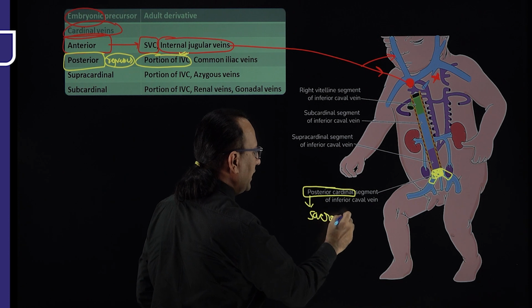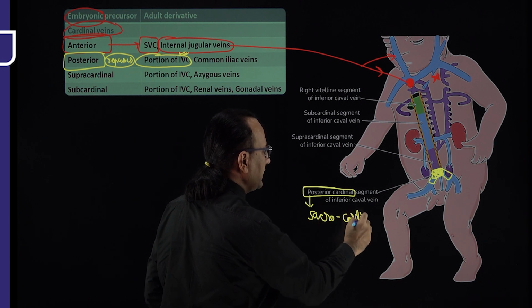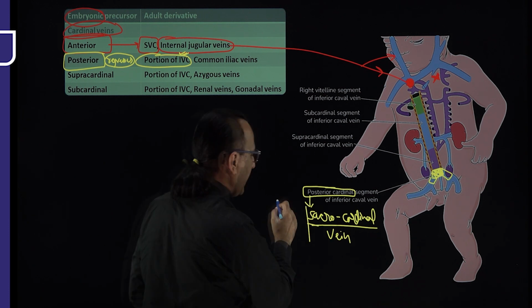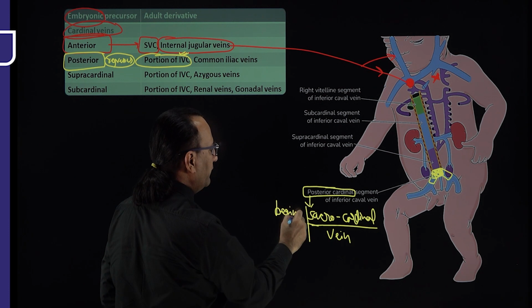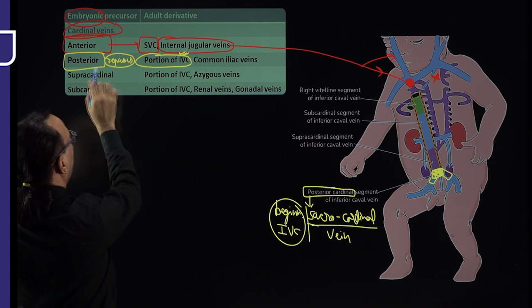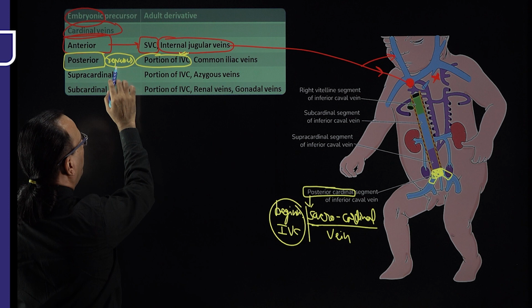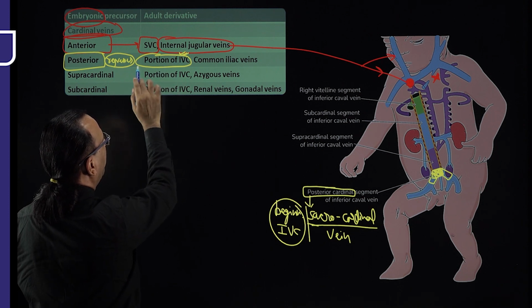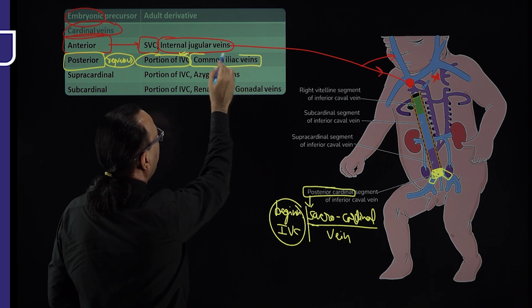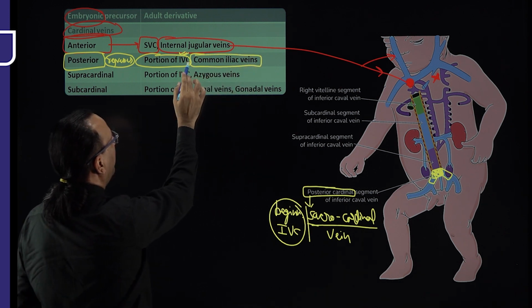As it is in the sacral region, you can also call it the sacrocardinal vein, and it is giving us the beginning of the inferior vena cava. So the same thing you can see here, the posterior cardinal vein regresses, but it does contribute a portion of the inferior vena cava, that is the beginning of the inferior vena cava, along with the common iliac veins. In fact, the common iliac veins join to form the inferior vena cava.